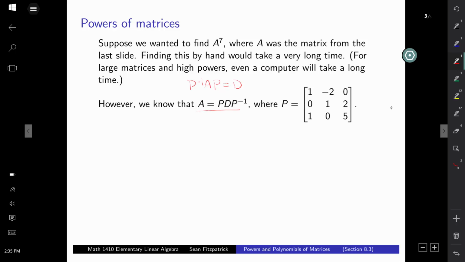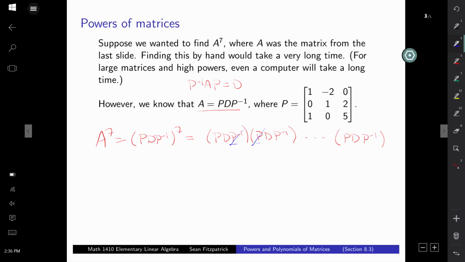So if I wanted A to the 7th, well, that's going to be (P D P inverse) to the 7th, right? So that looks like P D P inverse times P D P inverse times, well, okay, there are 7 of them. I'm not going to write them all, right? So we do that 7 times, and you'll notice that, well, here you've got a P inverse next to a P. I can cancel those, right?